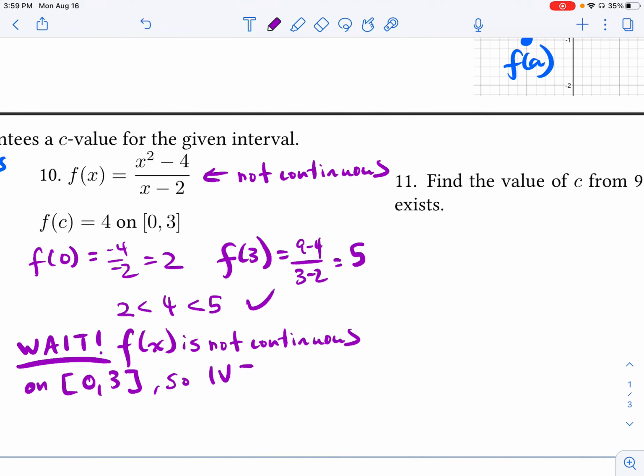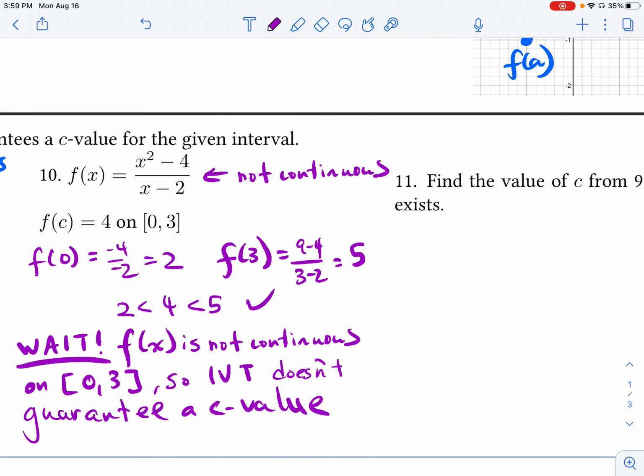So the intermediate value theorem doesn't guarantee a C value.